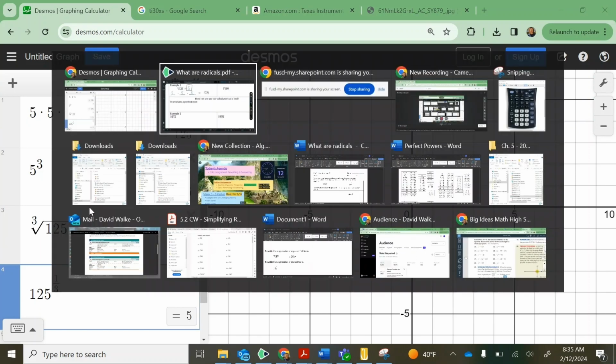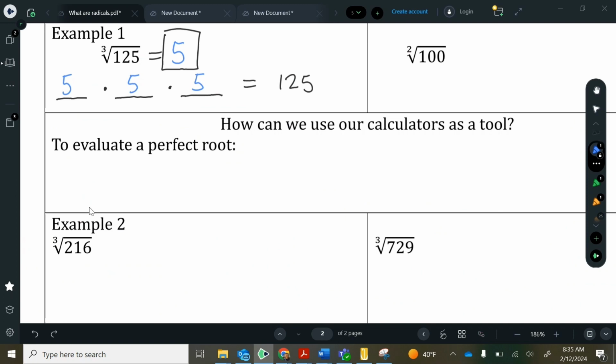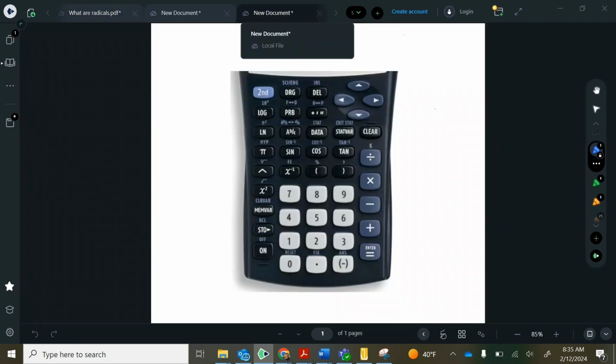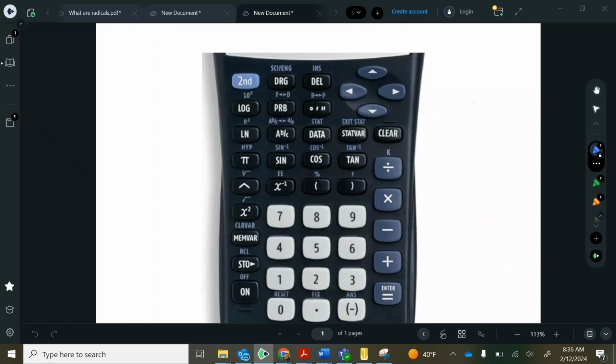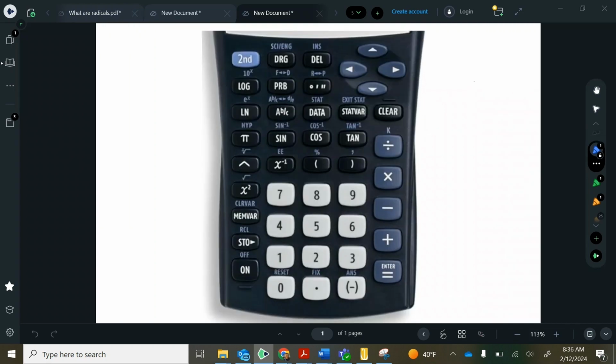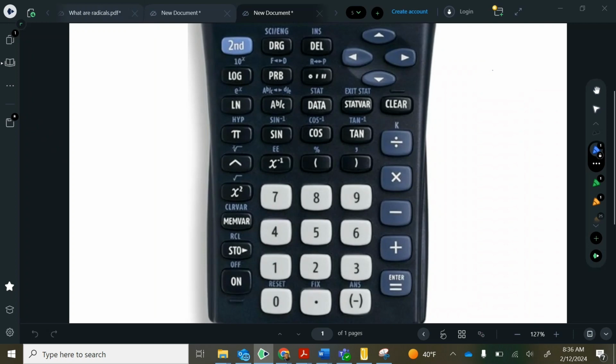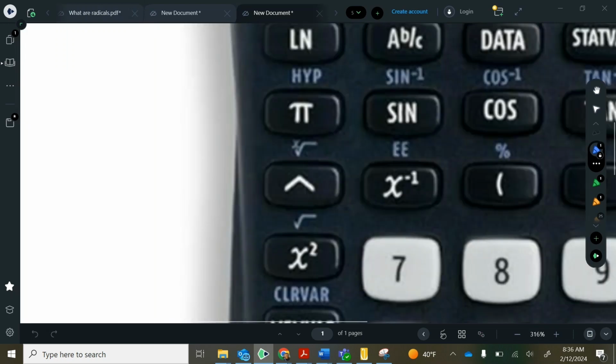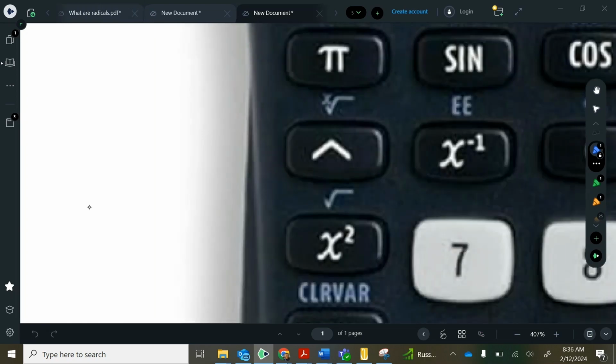Let me just show you how to do it on there. Let's see. I think I've got it right here. Here it is. So if you look closely, there is an nth root on this calculator, although it's actually, instead of an n, they use an x. You guys see this right here? This is it. Now, you should be pretty familiar with this one.